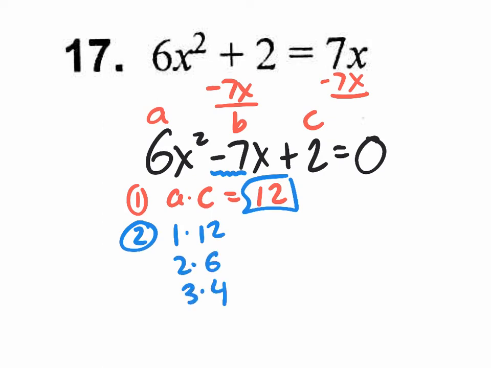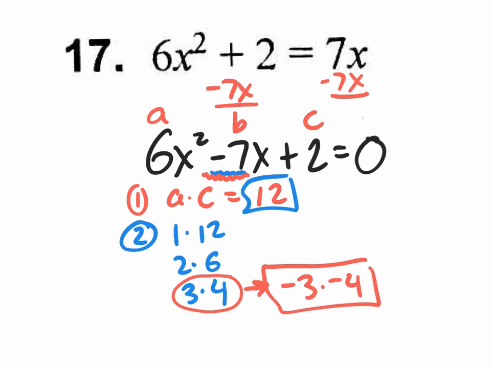Which pair of numbers combines together to give us a middle value, negative 7? 3 and 4. 3 and 4 gives us positive 7 if I add them together, and we want a negative 7. So let's change the signs. We have the right numbers, we have the wrong signs. So let's make it a negative 3 times a negative 4. Okay? So this is the correct pair of numbers that we want for step 2.